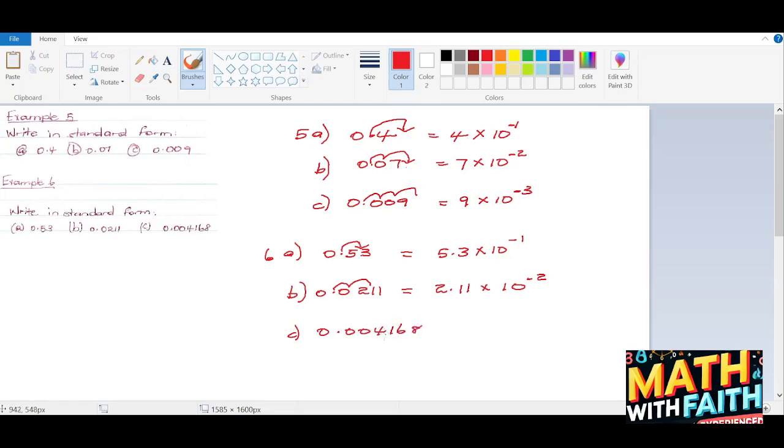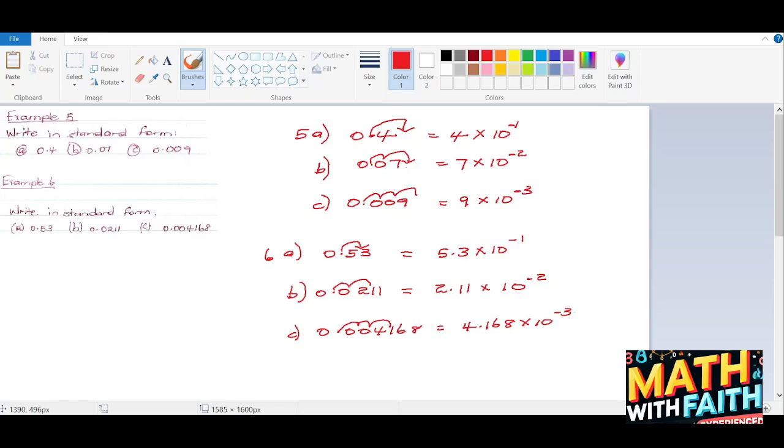So we're going to move the point past the 4 to have 1 digit in front of the point. And that will be 3 times. 1, 2, 3. So that's 4.168 multiplied by 10, and of course, it's a small number, so we use a negative index, to the minus 3.